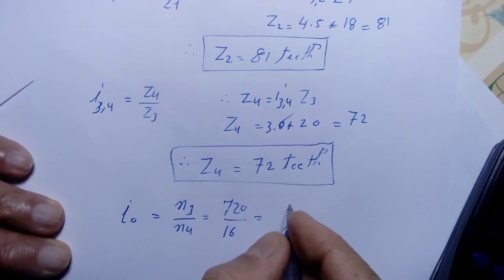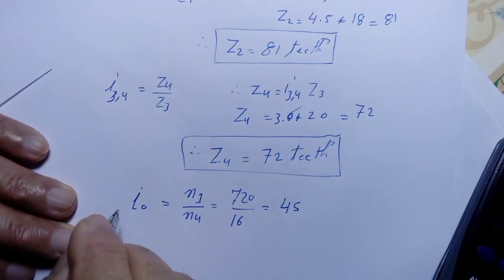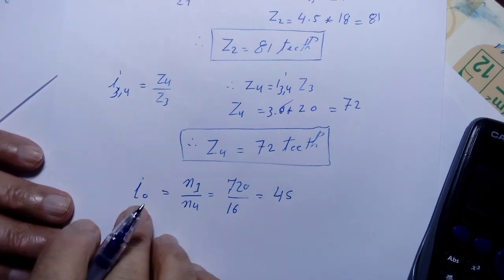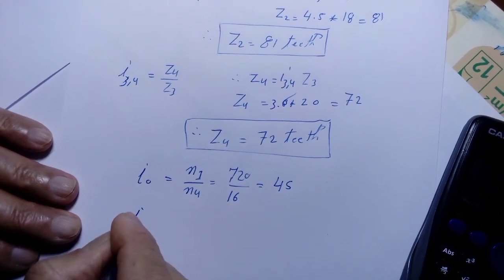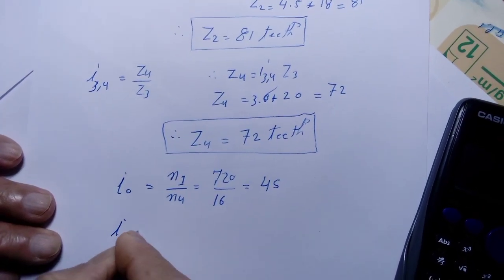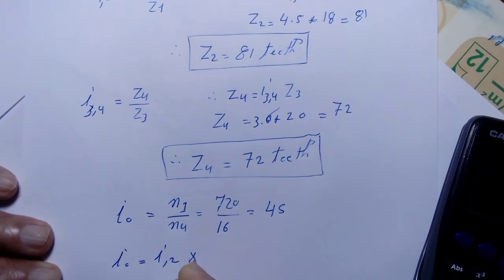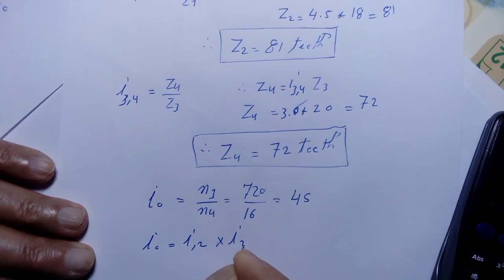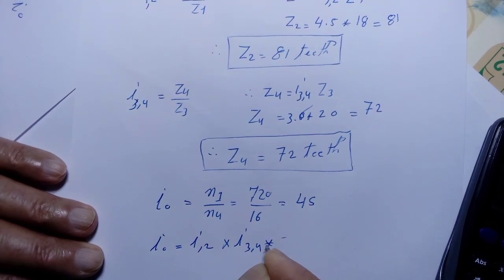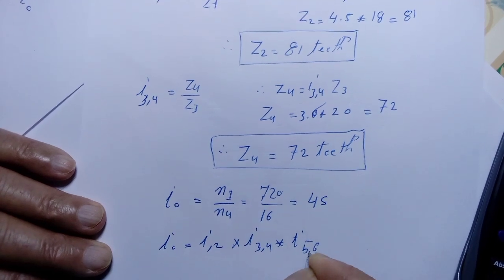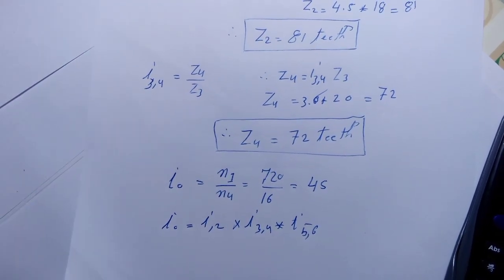It will be 45. This is the total reduction ratio, or overall reduction ratio, I naught. Remember that I naught is equal to I12 multiplied by I34 multiplied by I56. Okay, we'll use it later on.